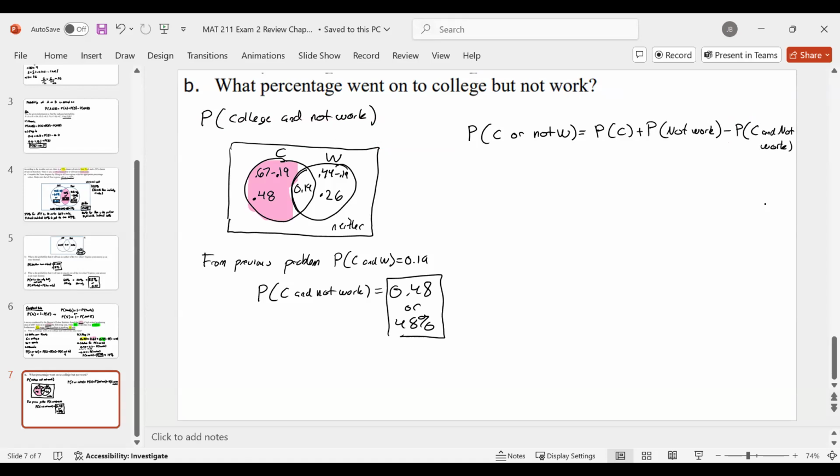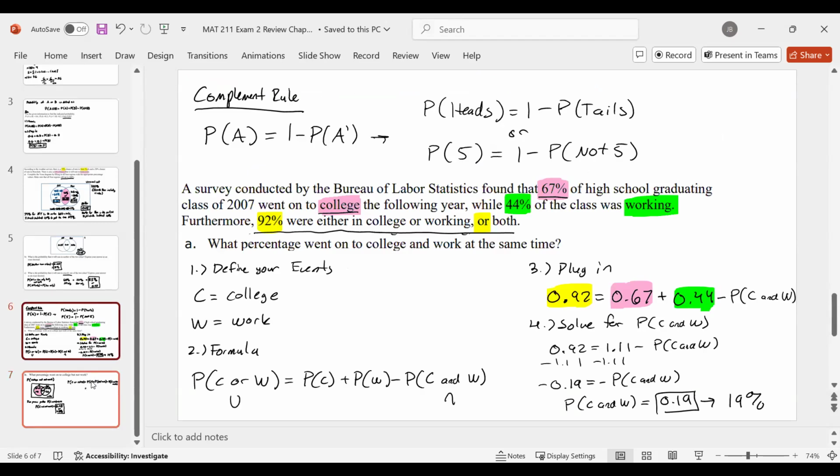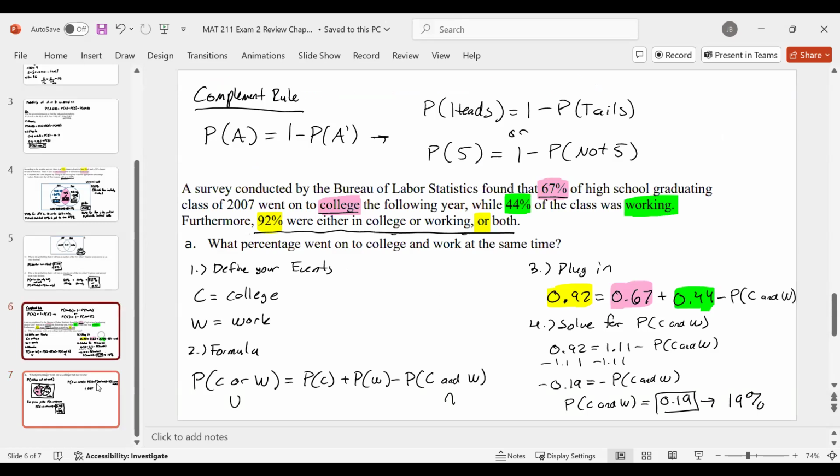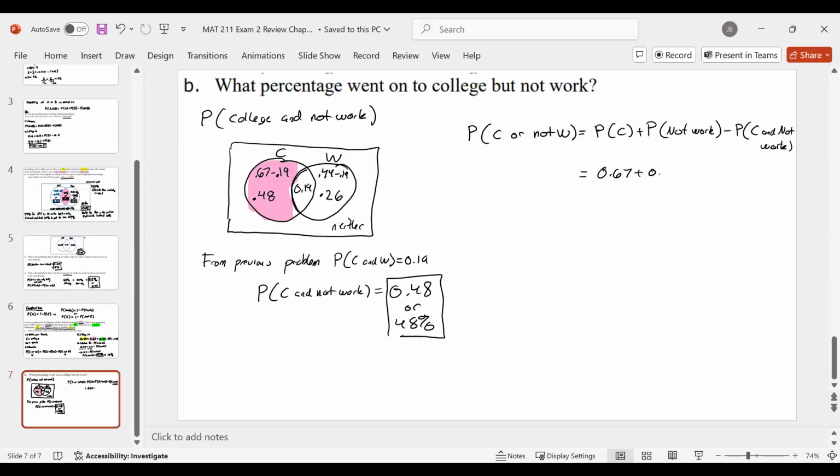Like that. Okay. So what's the probability of going to college? It was 67%. What's the probability of not going to work? So the opposite of 44% would be 56%.